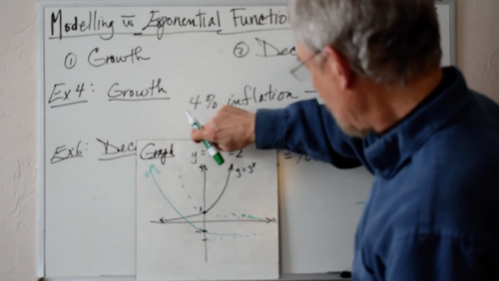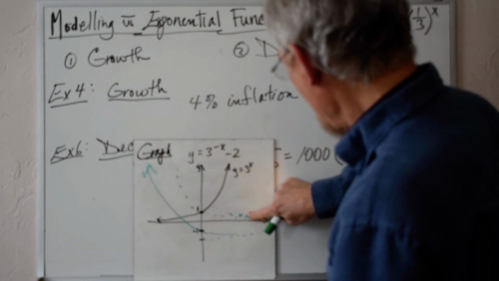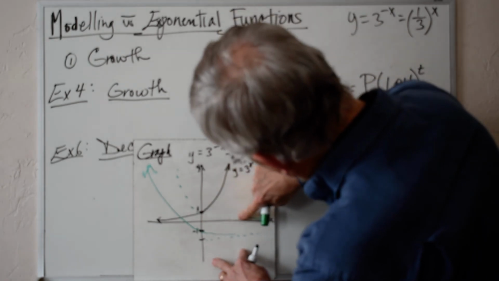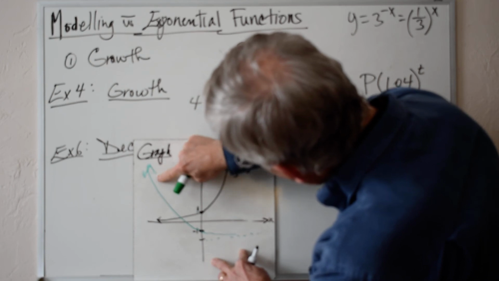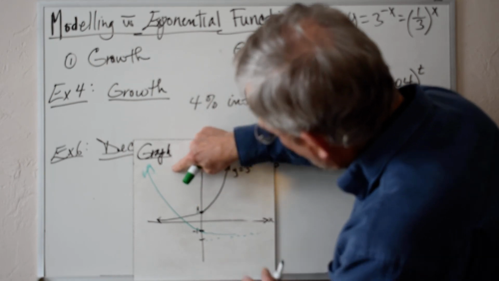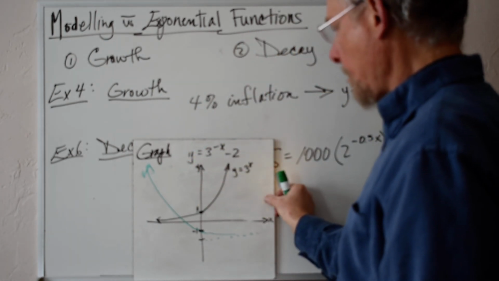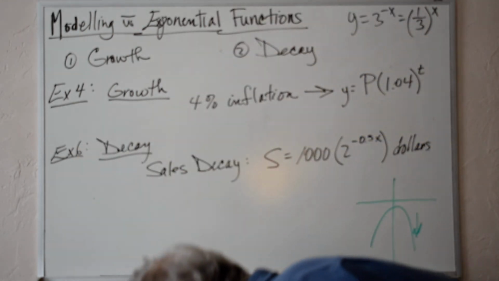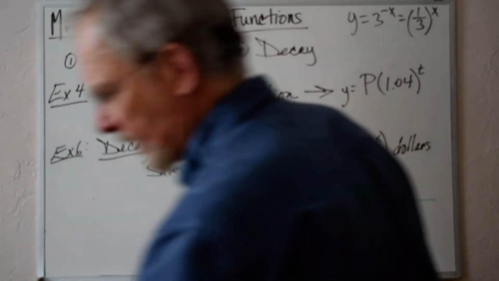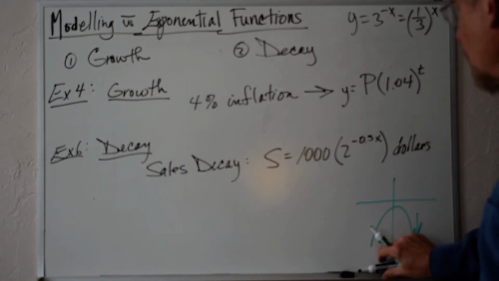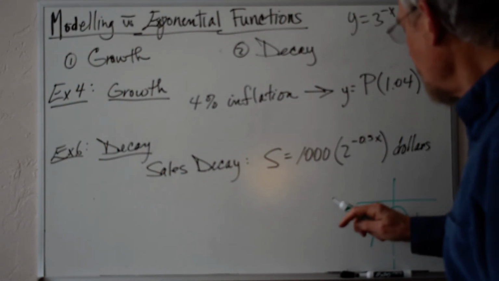So our curve looks like that. If we get rid of this other stuff, there's a pretty decent drawing of what it should look like. Okay. That's pretty good.